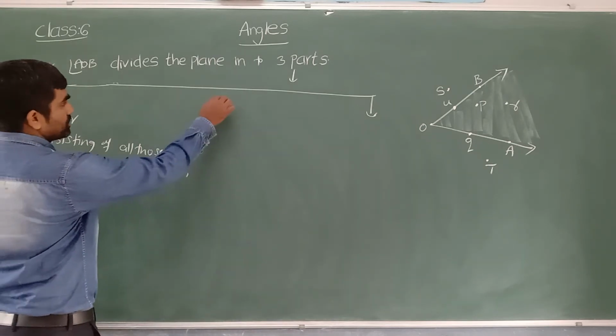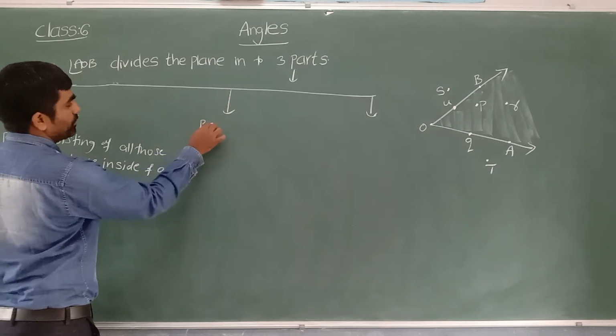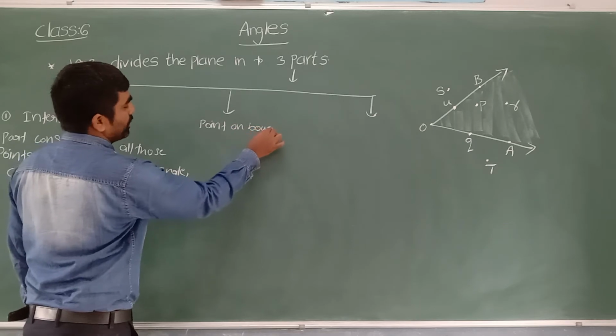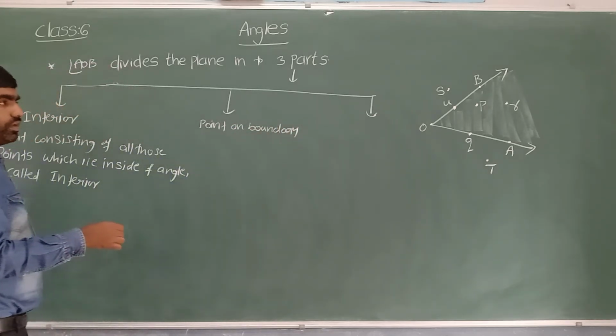Alright. Next we can see here points on boundary. What is meant by points on boundary?